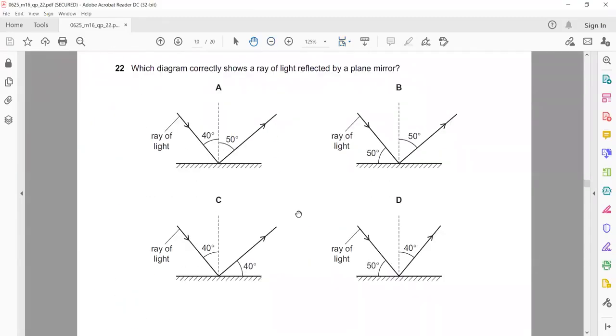Question 22. Which diagram correctly shows a ray of light reflected by a plane mirror? How does the reflection occur or happen on the surface of a plane mirror?